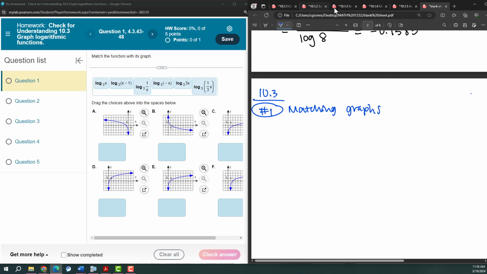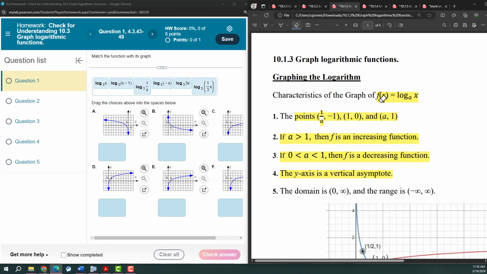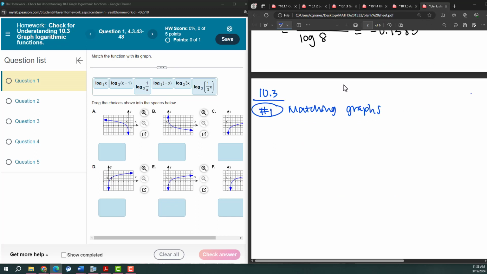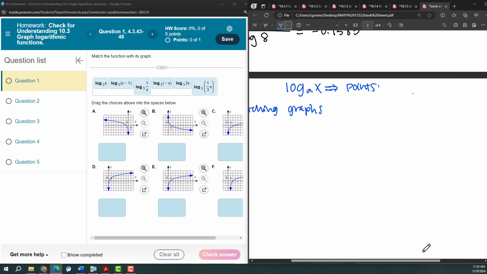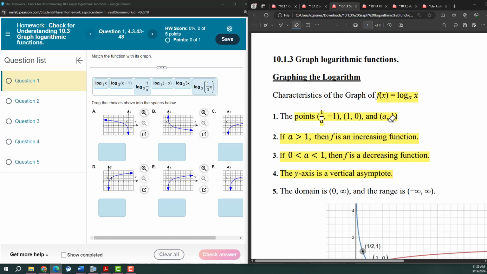If you look at your notes, that first part says that whenever you have f of x equals log of a times x, then they tell us that it goes through the points 1 over a, negative 1; 1, 0; and also a, 1.